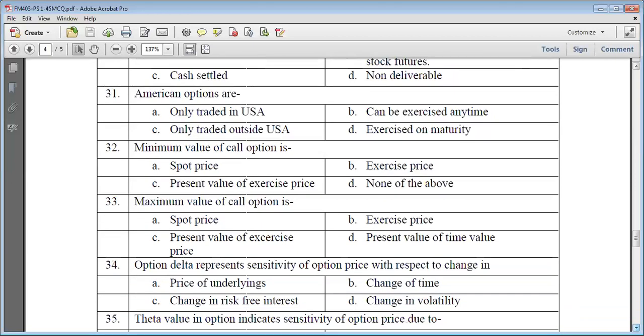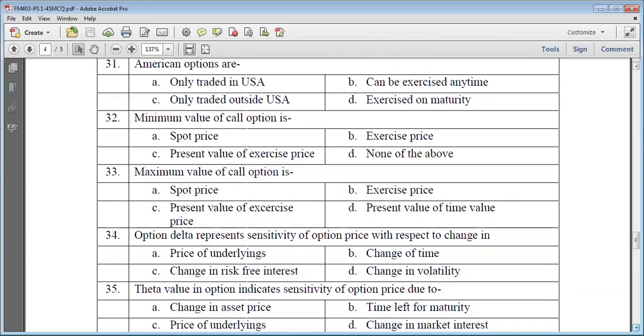Next one is 34. Option delta represents the sensitivity of... Delta, beta, gamma, alpha, all these that we are using indicate the sensitivity due to some change in the particular dependent variable.